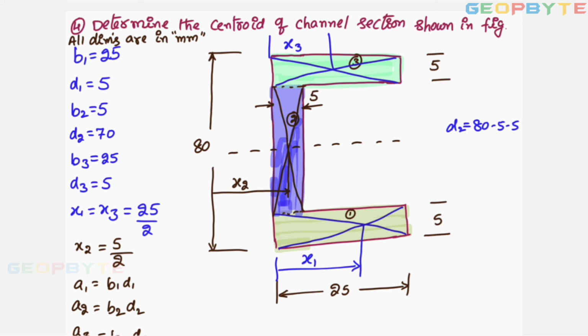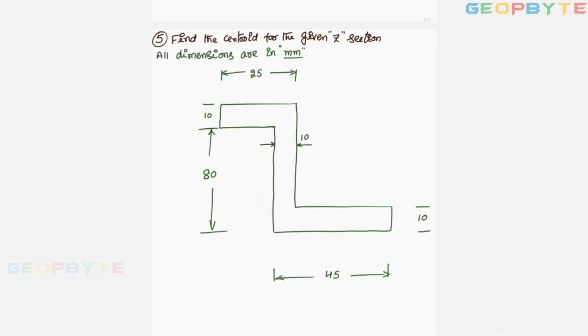Similarly, let us take one more section. Yes, look at the Z section. You are asked to decide the centroid for the Z section. For that, first of all, Z section is not symmetrical about any axis.